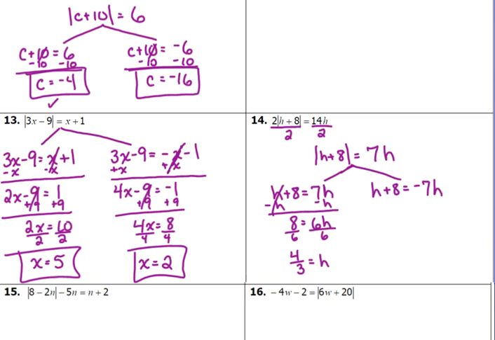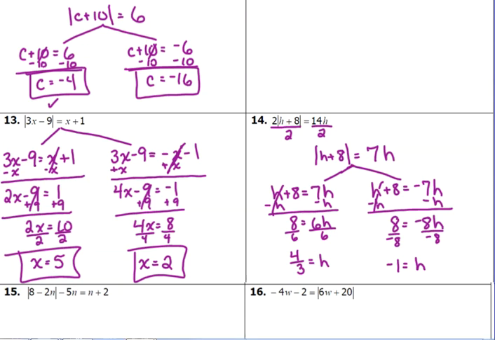Okay, now, with the second equation, usually in this case I would add the 7h, but since it's already on the side by itself, I'm going to just suck it up and deal with a negative variable. I subtract h from both sides. So 8 is equal to negative 8h, and divide both sides by negative 8, so we get negative 1 is equal to h.